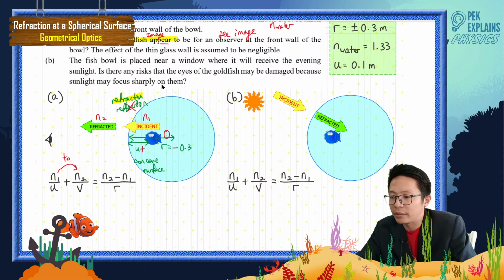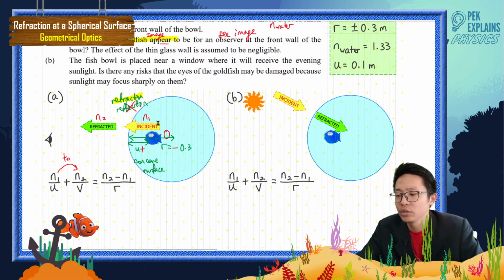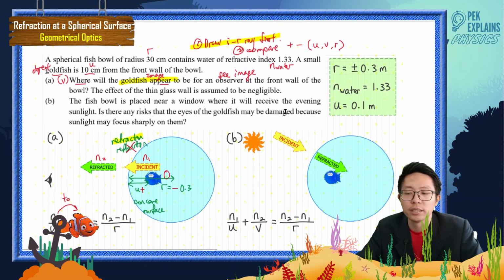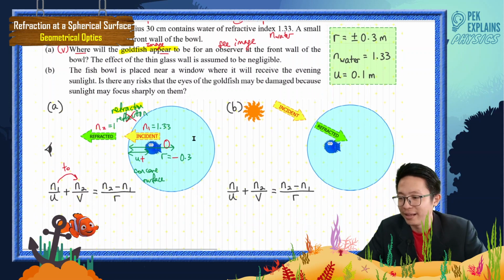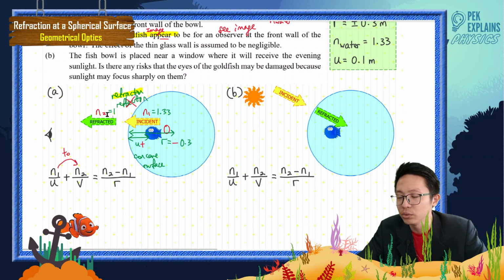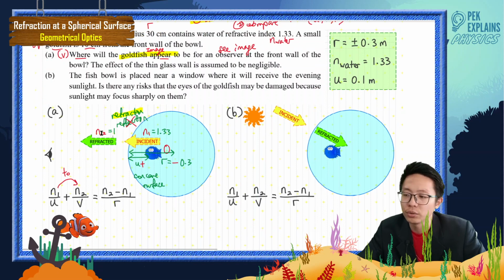N2 is at the refracted ray. The light goes from N1 to N2. So N1 is the water, which is 1.33, going to the air. Air is equal to 1. Understand or not? From N1 to N2, so from water to air, from 1.33 to 1.